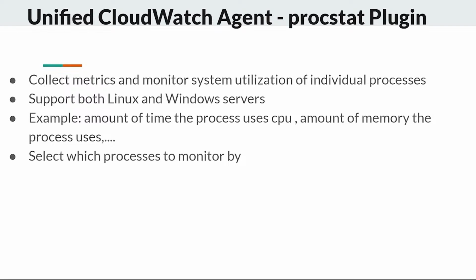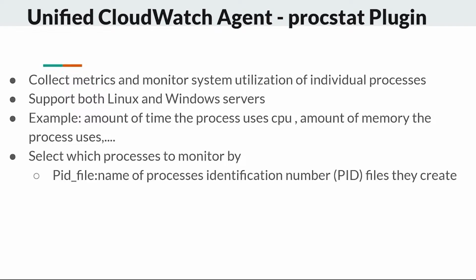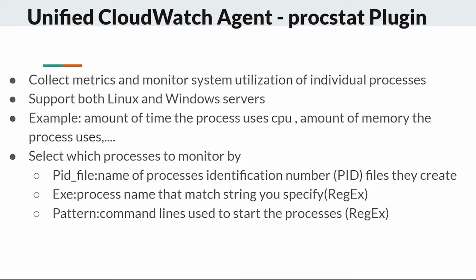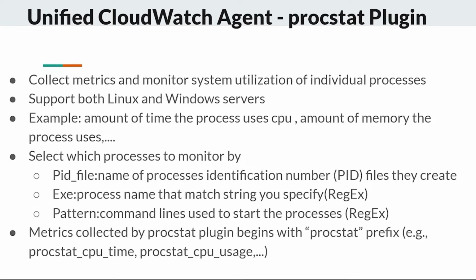You have to select which process to monitor by, for example the PID file, since the process identification number is the PID actually. So the name of the process, PID files they create, or the exe, like a process name that matches a string you specify, a regex pattern, or command lines used to start the processes. All these things will be monitored by this.